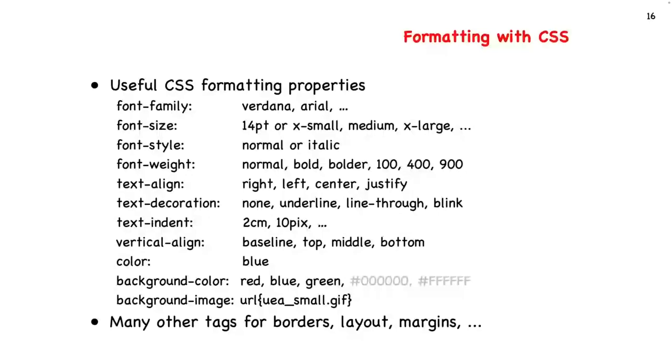Right, okay, so useful bits of CSS for us. So font family, font size, font style, font weight, text alignment, text decoration. Again, text decoration, I'll tell you now, I'm not a fan of it because underlining tends to look clunky.